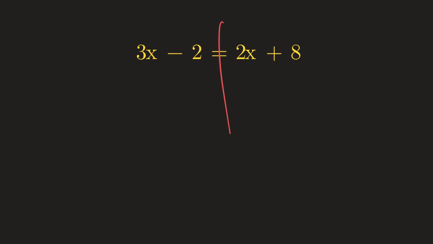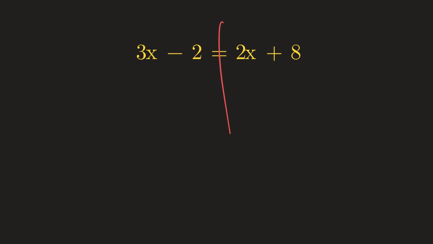Guys, if you have variables on both sides of the equation, get them to one side or the other. It does not matter which side you take them to. Totally your preference. Which side do you want the x's on, right or left? Okay, it doesn't matter.